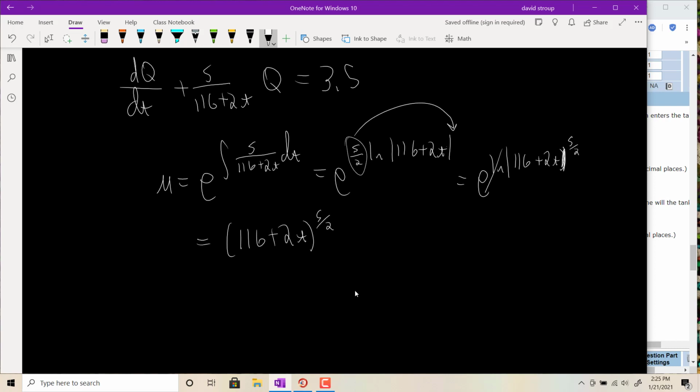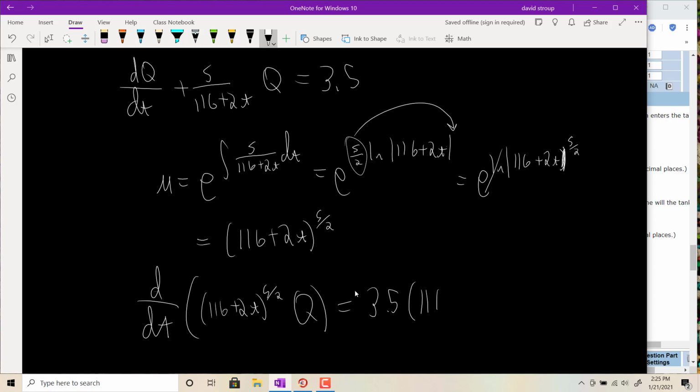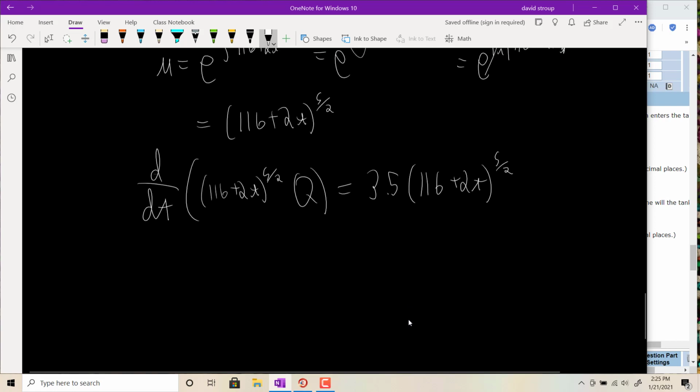Then you multiply through, and you collapse the left-hand side into just mu times Q, which in this case is (116 plus 2t) to the 5/2 times Q. On the other side, we have 3.5 times mu, (116 plus 2t) to the 5/2. And then we can integrate both sides.